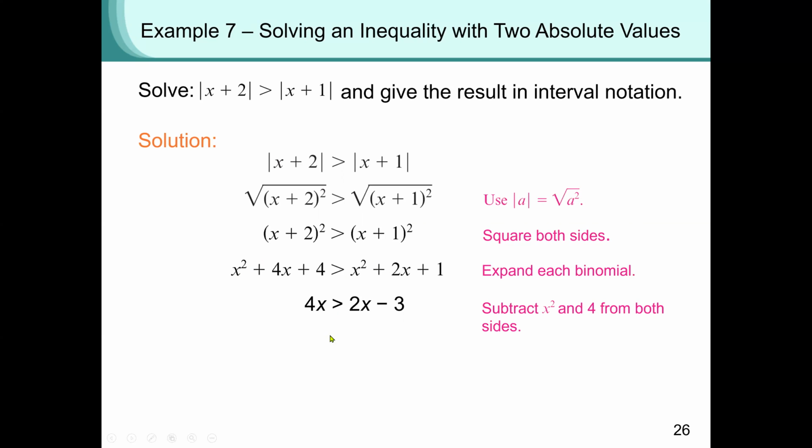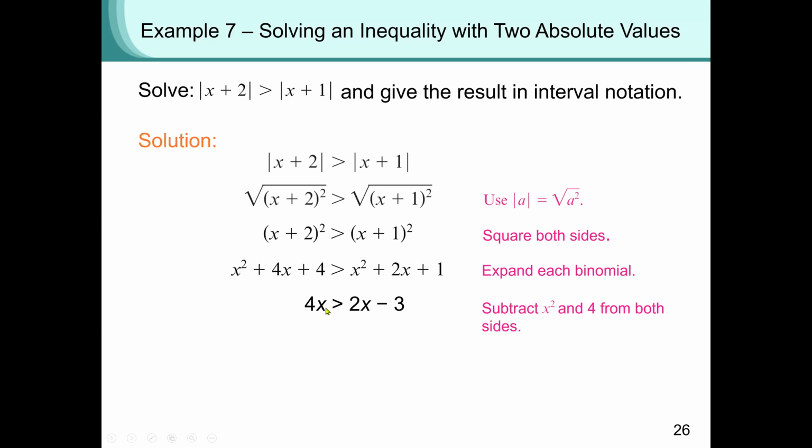So that's done. So now we have 4 here. So we get 4x greater than 2x minus 3. Why? Because we use negative 4 to cancel the 4 here. So if I cancel the negative 4 here, I will have negative 4 plus 1, which will give me negative 3.